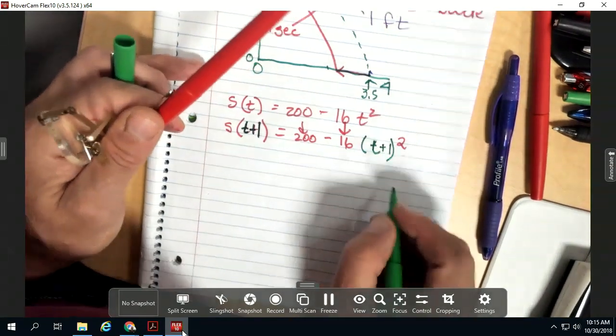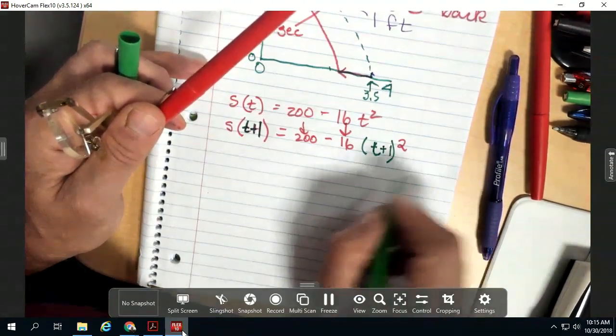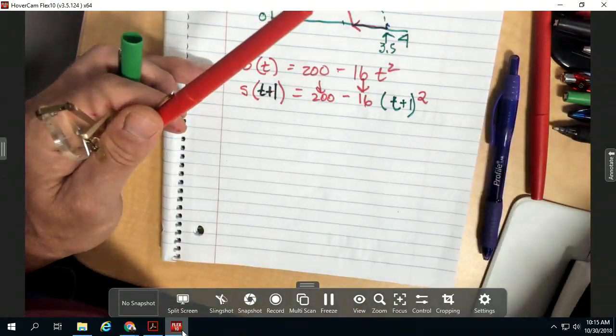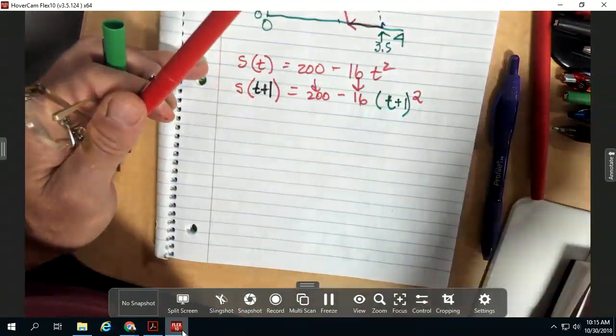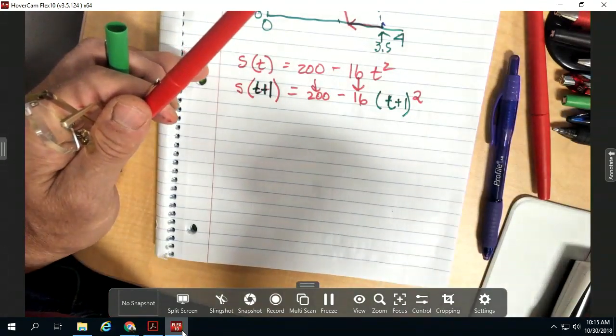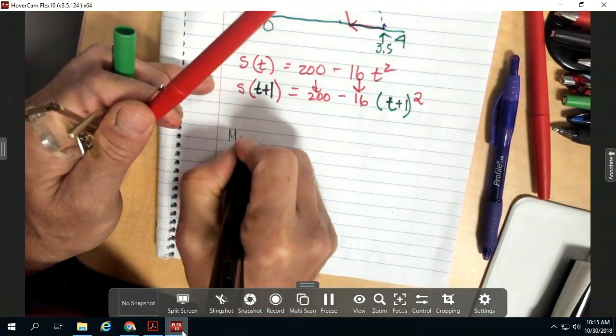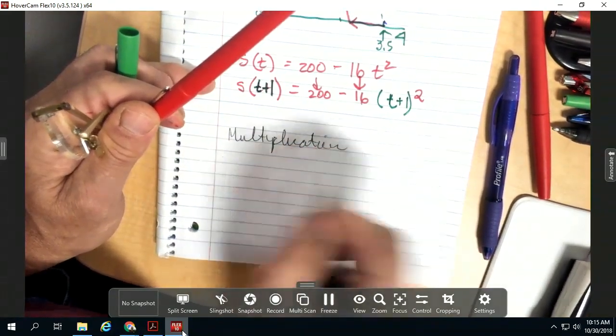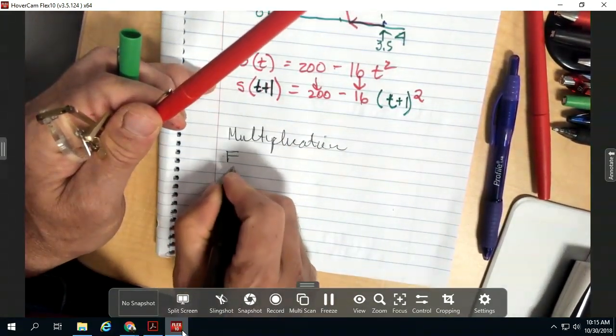When you multiply t plus 1 times t plus 1, we better write down multiplication, because we might not be very good at remembering this. Some people use FOIL.